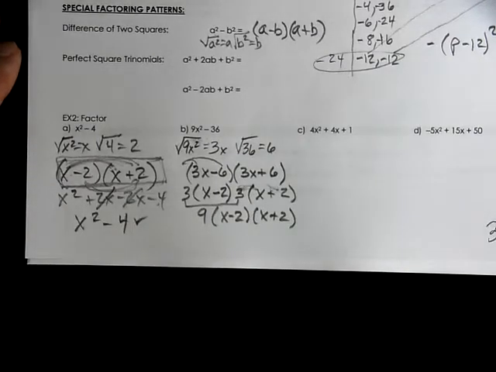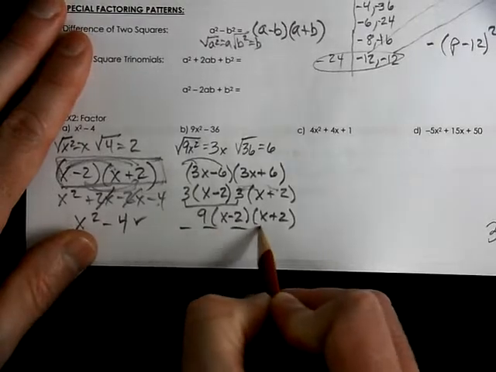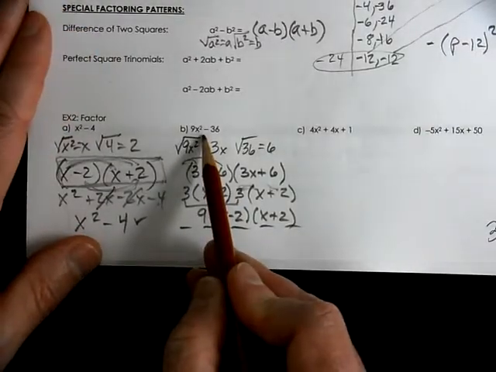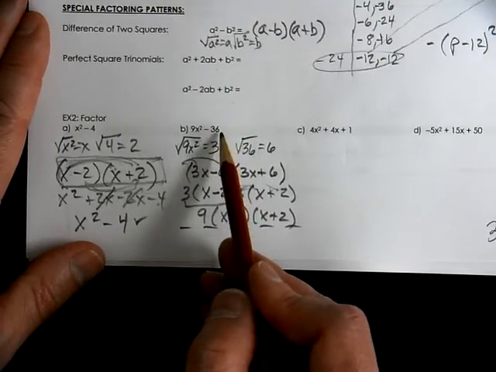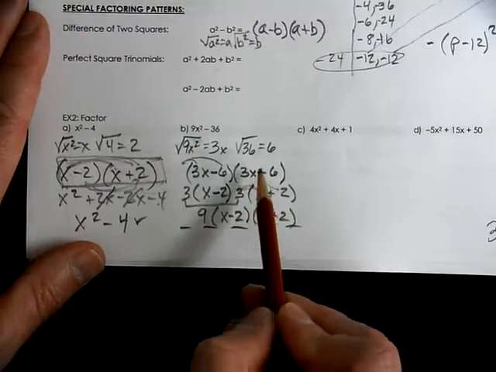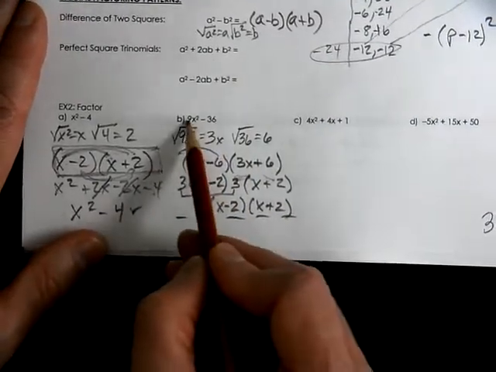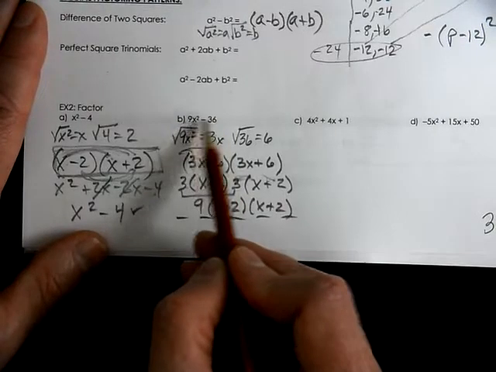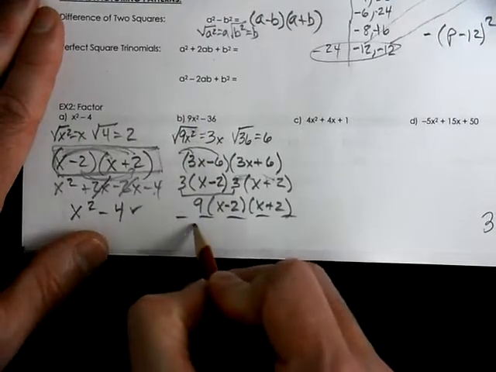You may have noticed something else. What was another way you could have come across this answer? You may have noticed up in the beginning problem that both of these had a GCF in the very beginning. I noticed they both can be divisible by 9, so I'm going to factor out a 9.